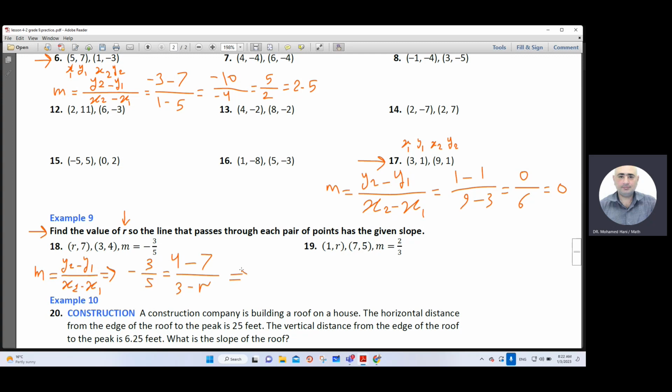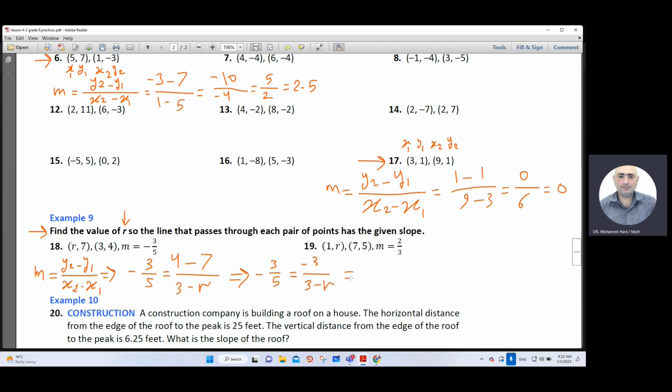Then express here: negative 3 over 5 equals 4 minus 7, which is minus 3, and down you have 3 minus r.